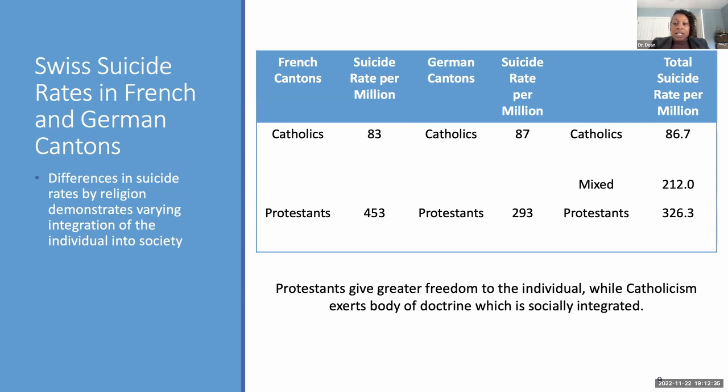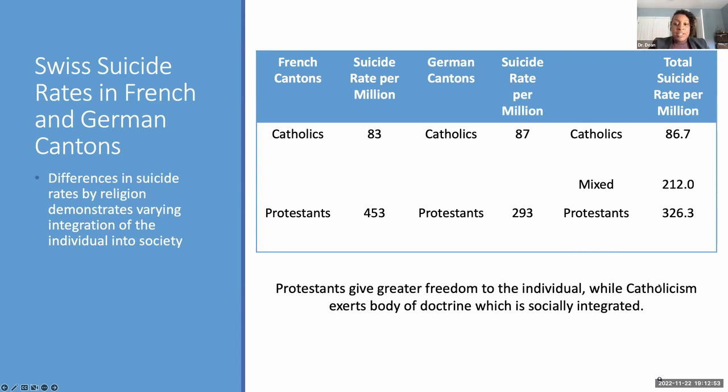So in Durkheim's study, he decided to compare cantons that were majority Catholic to those that were mostly Protestant, as well as those that were relatively mixed, and then looked at the suicide rates in those areas. And that's what you see pictured on the chart here.